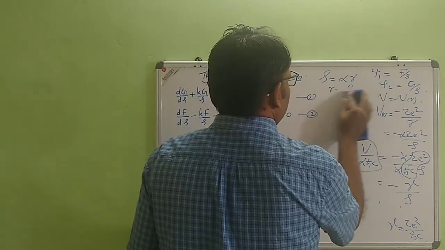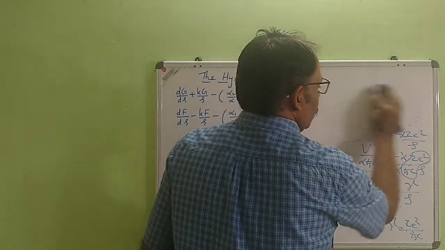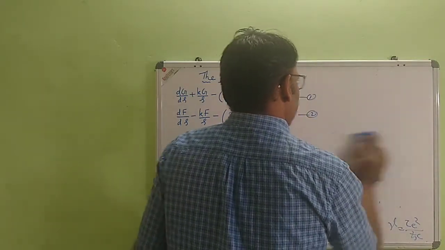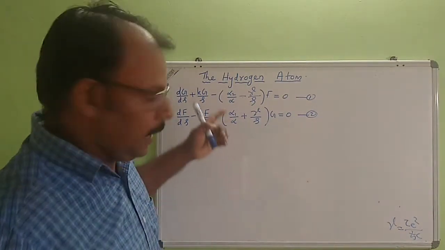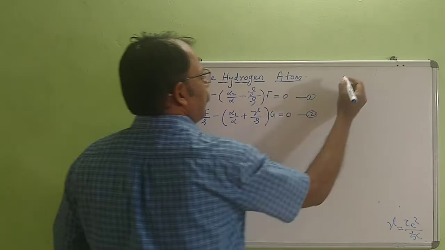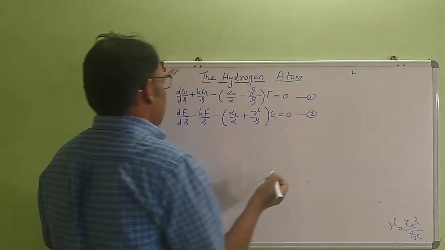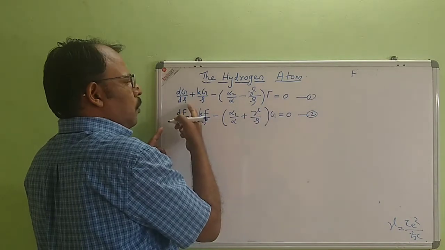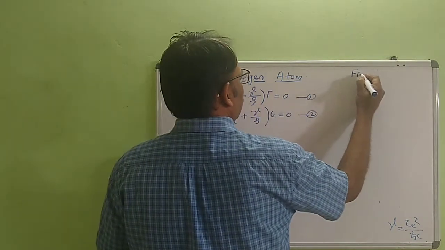Now we will assume a possible solution for these two equations for g and f. Actually f is a function of r, then the variable r is changed to rho, so f is a function of rho.